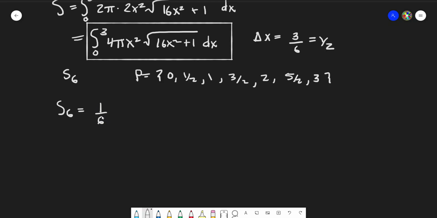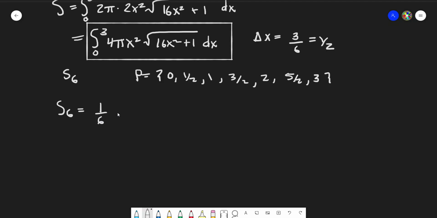Okay, now the other part of this is that one way you could do this is just have everything multiplied by 4 pi, by the way, because the 4 pi is just a constant.